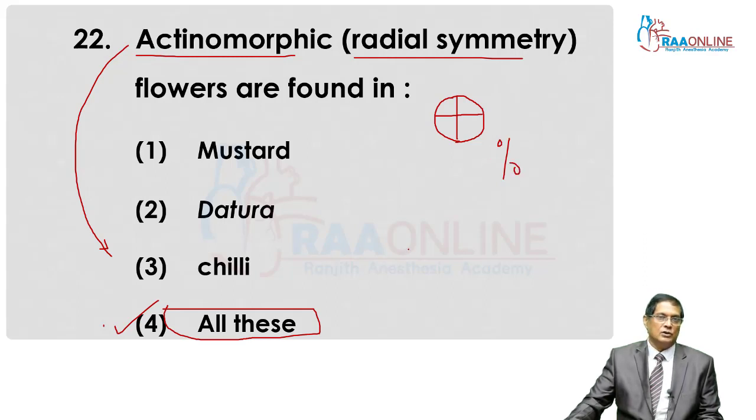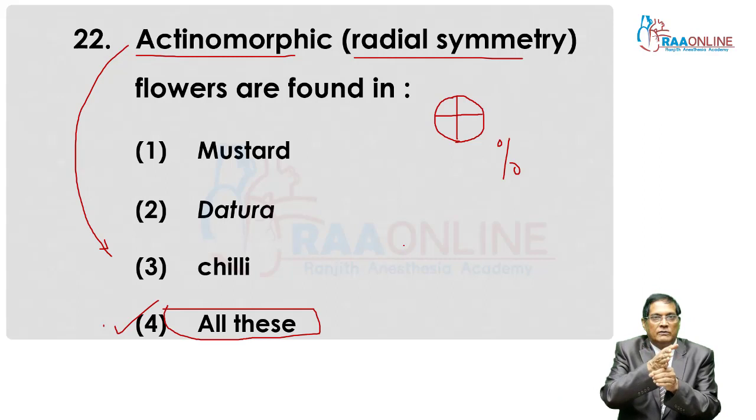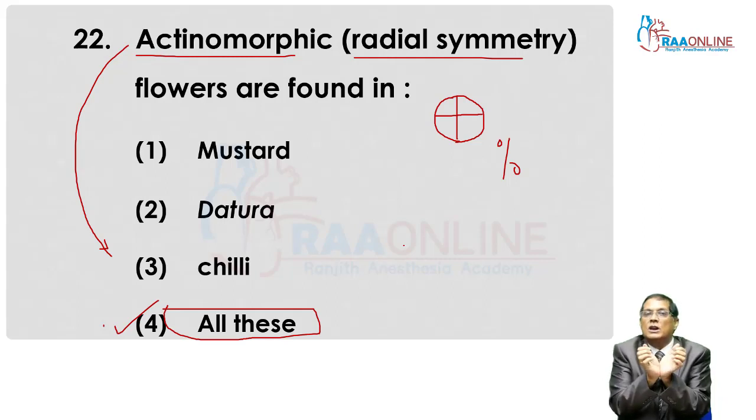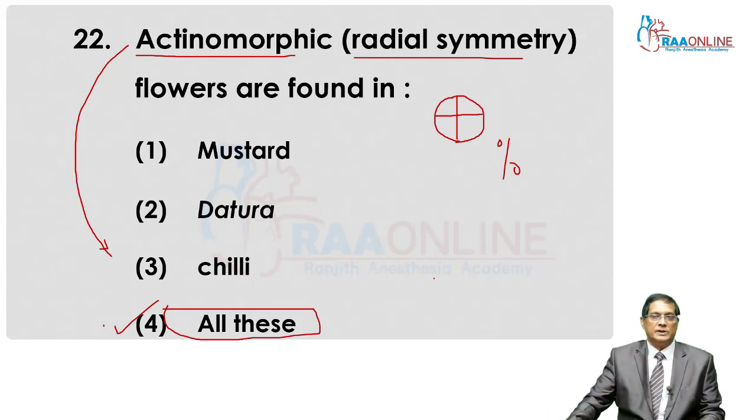And what is zygomorphy? If a flower is cut into two equal halves from one plane only, that is bilateral symmetry or zygomorphy. So this is one, this is the second one, zygomorphic, and the third is asymmetrical.